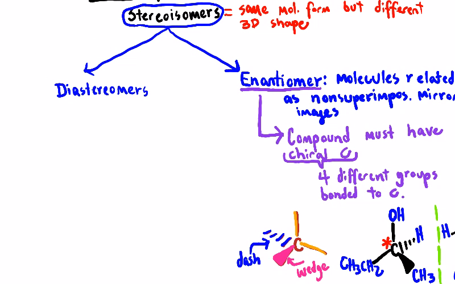And then while we're on our general flow chart here of stereoisomers, we should also mention the concept of diastereomers, going back to this second type of stereoisomer. So we said that enantiomers were two molecules related as mirror images of one another. Diastereomers, on the other hand, are basically every other possibility when it comes to stereoisomers, when it comes to molecules that have the same molecular formula but some difference in terms of their three-dimensional structure.